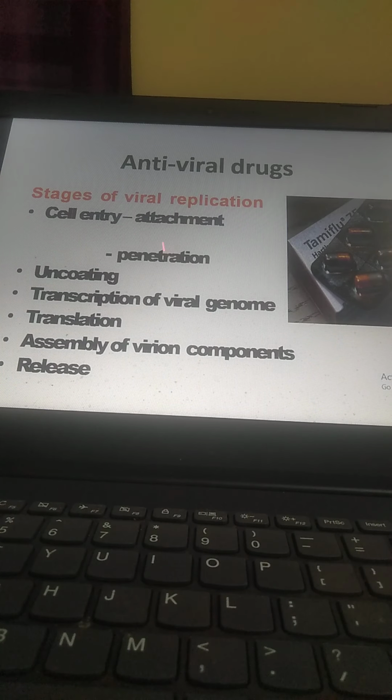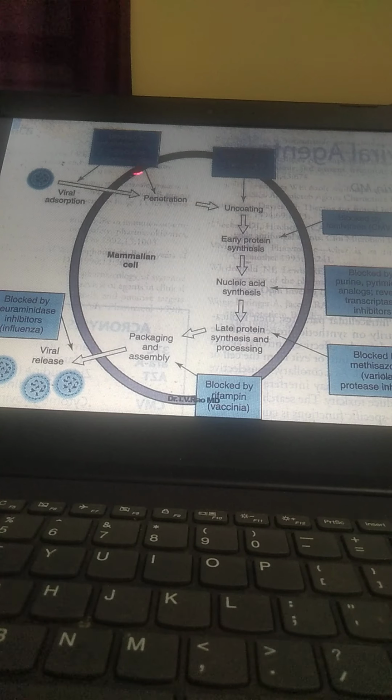Then uncoating, then transcription of the viral genome, then translation and assembly of the viral components, then release outside. So you can say it is depicted in 6 points, or 7 with penetration. This is the scenario at different places.